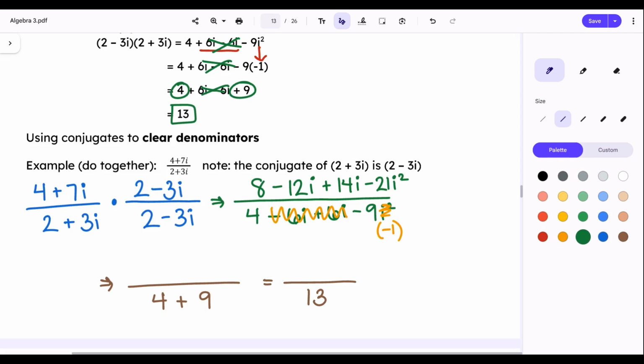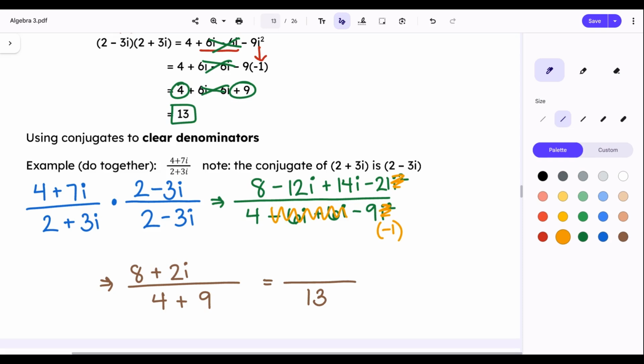All right, so on the top, you've got this 8, and you can combine these i terms together. There's a negative 12i and a 14i, so together those would become 2i. And then what happens here with the negative 21i squared?